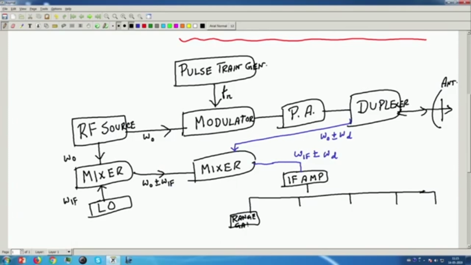I am assuming let us say we have 5 range gates. So, this is RG2, RG3, RG4, RG5. So, the whole range we are discretizing like this.